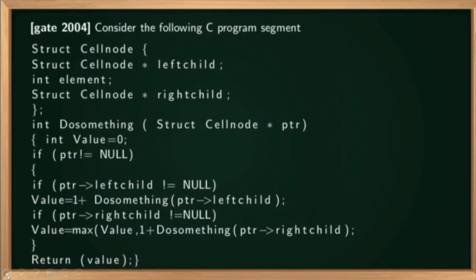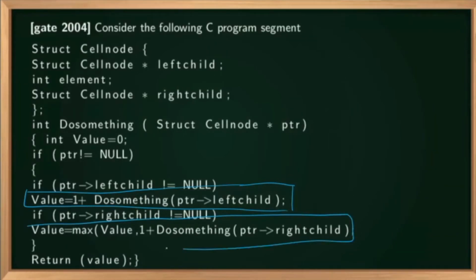Okay, it will take some time to analyze this type of problem, but sometimes it is really easy also. So if you see what we are doing here, if the left child is not null, we are doing something for the left child. And if the right child is not null, we are doing something else.